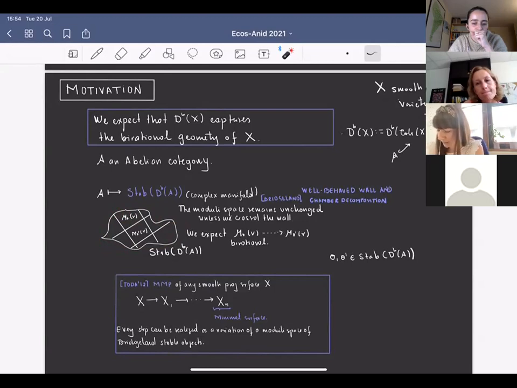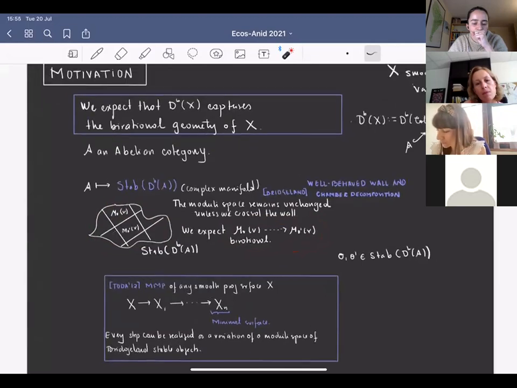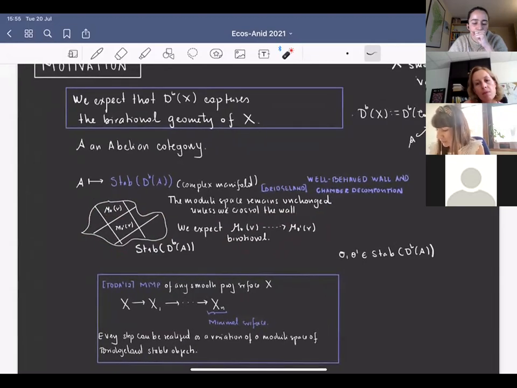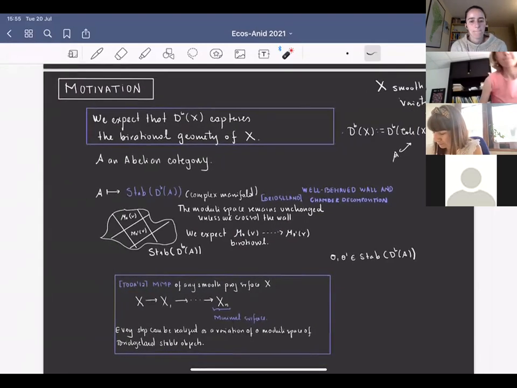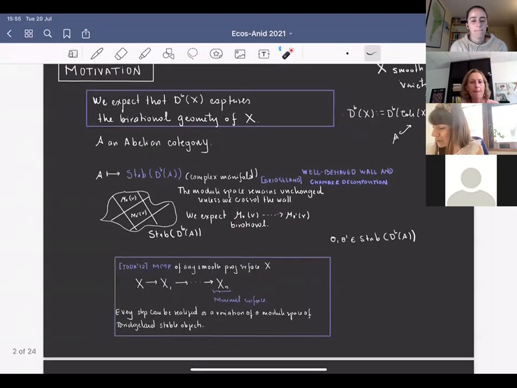What we expect is that this wall crossing is given by birational morphisms. For example, Toda proved that we can recover the whole minimal model program for surfaces via wall crossing of the Bridgeland moduli spaces. That's more or less what I mean with respect to capturing more of the birational geometry. So I hope this is some motivation.